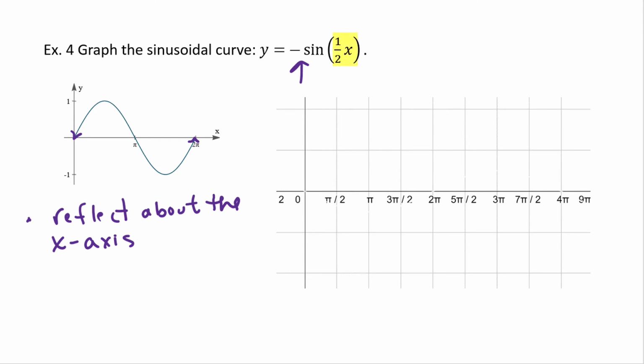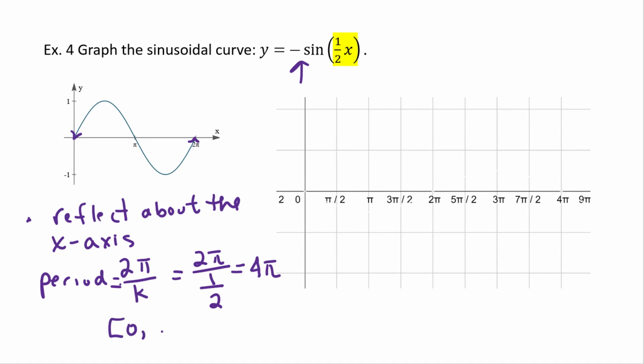The period is determined by 2 pi over k, and so we'll have 2 pi divided by 1/2. That is actually 4 pi. And a standard interval on which this would work, we can graph from 0 to 4 pi.